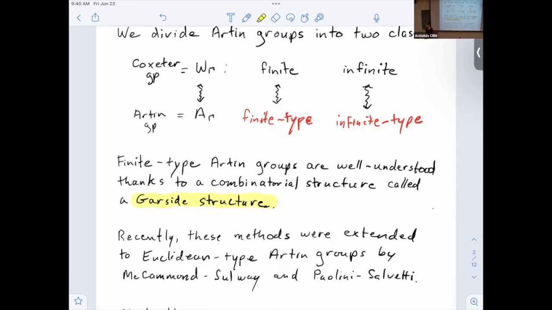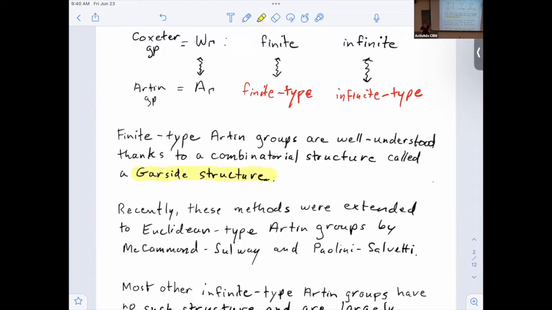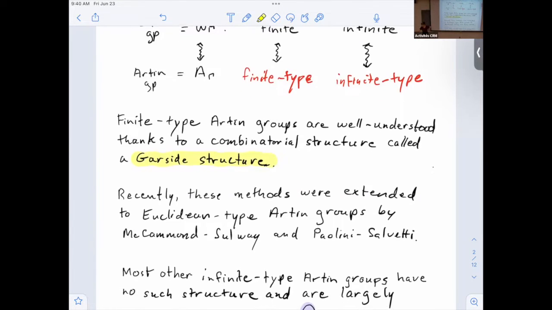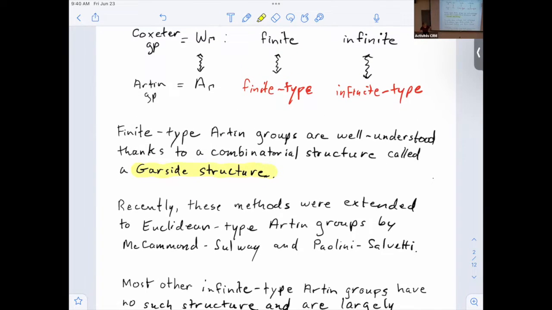Recently, this idea of a Garside structure has been generalized slightly. For example, there's some amazing recent work by Paolini and Salvetti where they found a sort of Garside structure for Euclidean type Artin groups, meaning the ones whose Coxeter groups are Euclidean, and we're able to use that to answer a lot of questions about those groups.